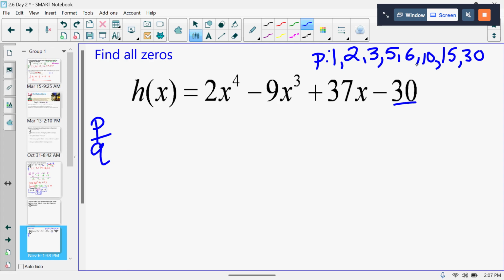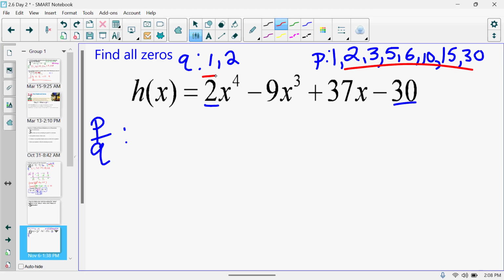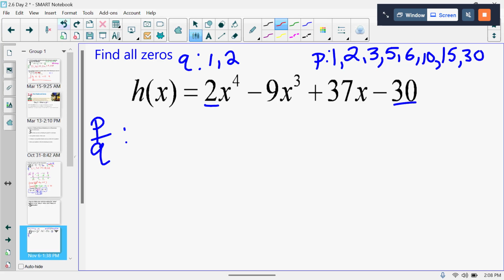So then again, we need to list the factors of the leading coefficient. That's what Q is, just 1 times 2. But we're going to have a lot of things in our list because there's so many factors in 30, and we have to put all these things over 1 first. That's easy though, right? Because 1 divided by 1 is still 1.